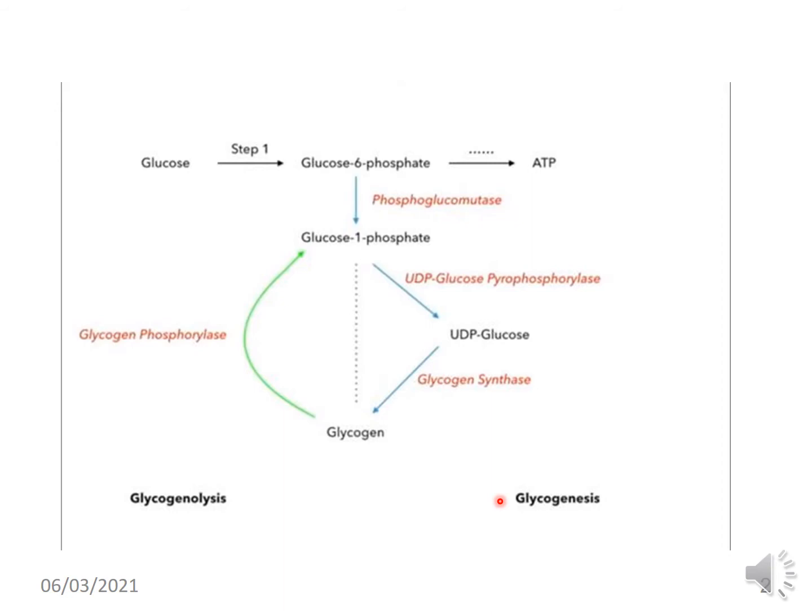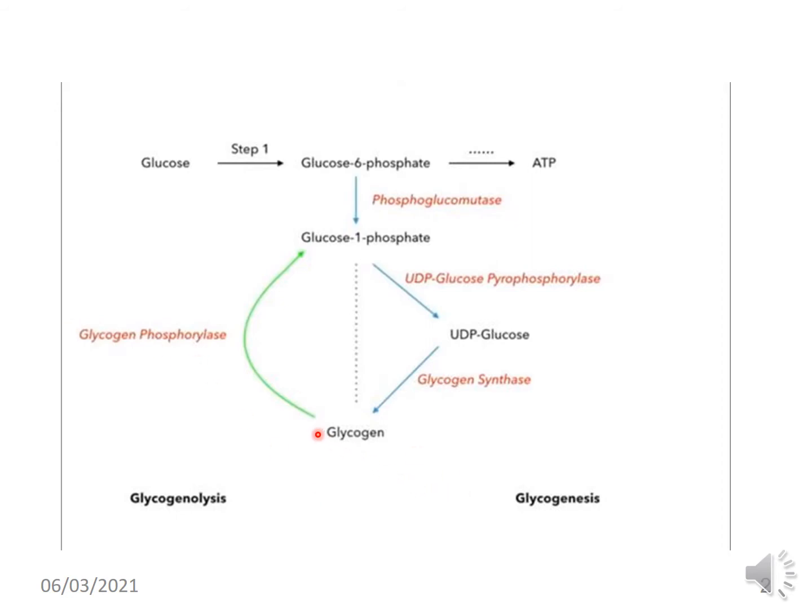If during fasting there is glycogen decomposition or glycogen hydrolysis, because during fasting, during starvation, our body needs energy, so degradation of glycogen occurs by a process called glycogenolysis.